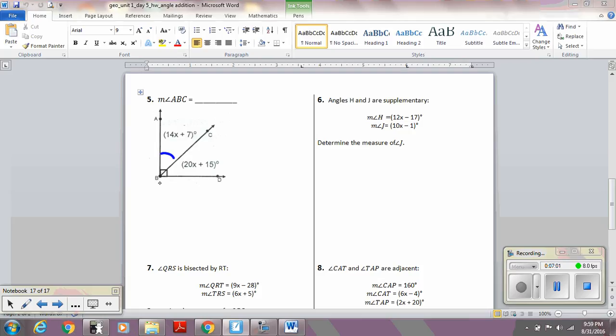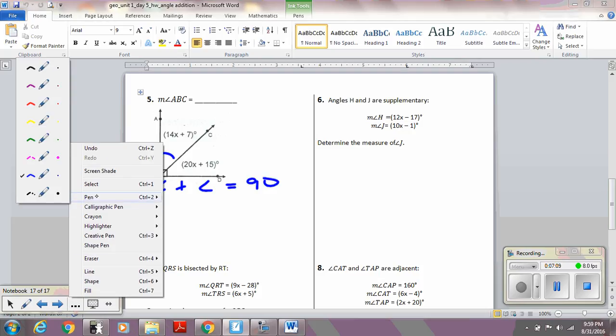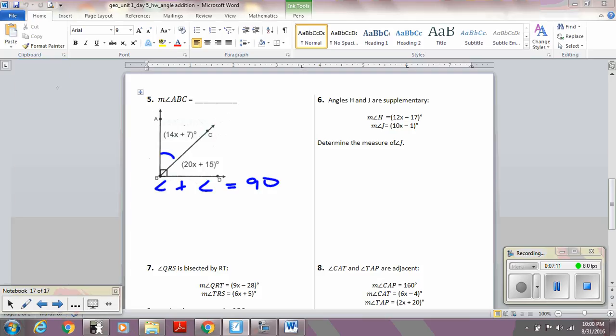So the format of this one will be angle plus angle equals 90. Now we substitute the algebra expressions. I would have 14x plus 7 plus 20x plus 15 equals 90.